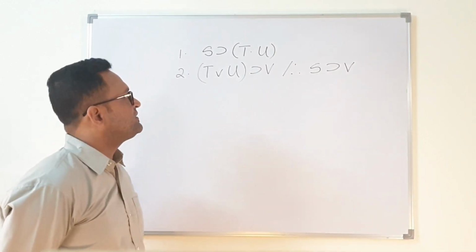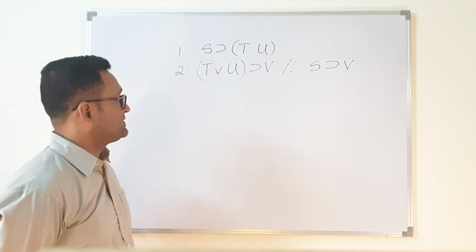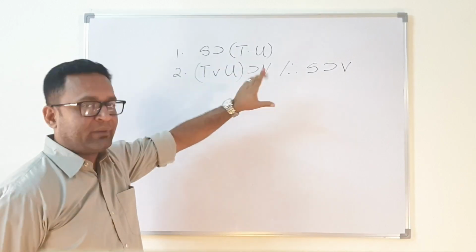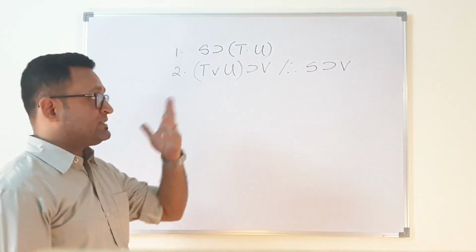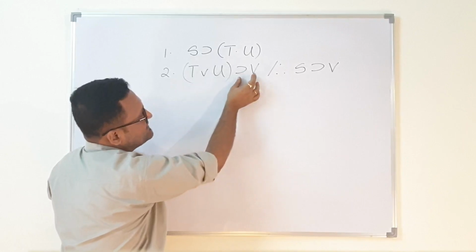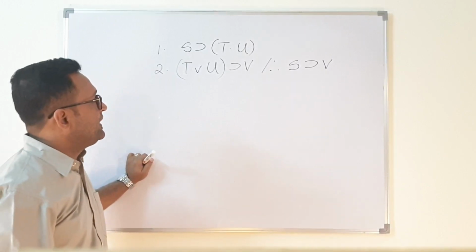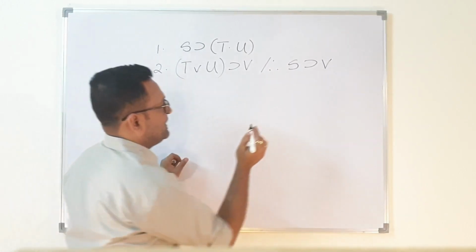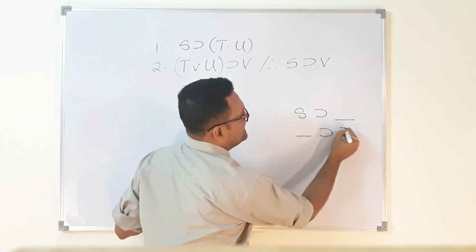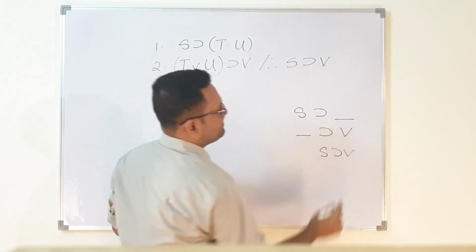You need to eliminate whichever part has T or U. You only need to keep the things with S and V. But this will not come naturally unless you understand that S implies something and that something implies V. So the requirement of the answer S implies V is this: if you can create something so that S implies something comes, and that something implies V comes, then S implies V will come for sure.